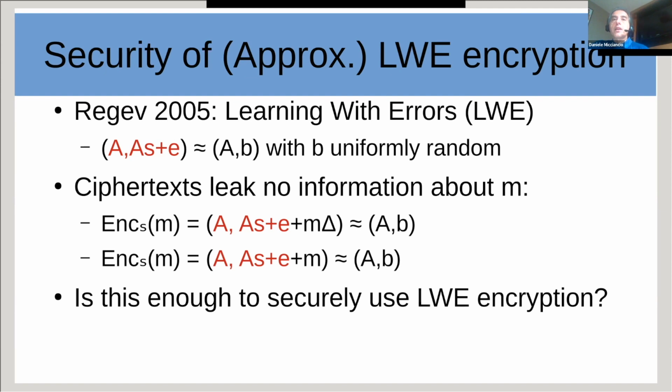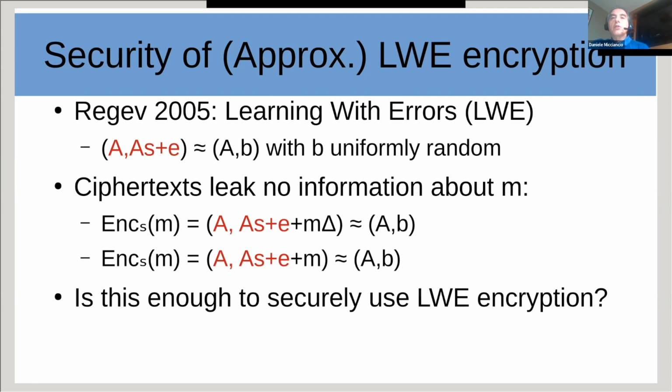They are both based on Regev's learning with errors problem, which says that an expression of the form AS plus E is pseudo-random, indistinguishable from a pair where the second value, B, is chosen uniformly at random. Now, if you have something which is random and then you add something to it, be it M or delta times M, you will still get something which is uniformly random.